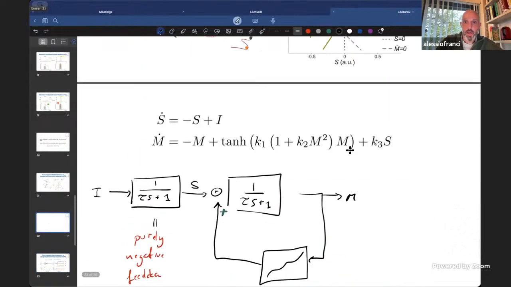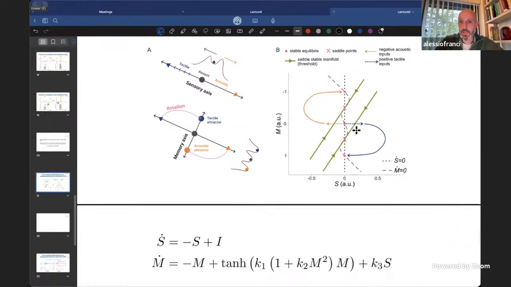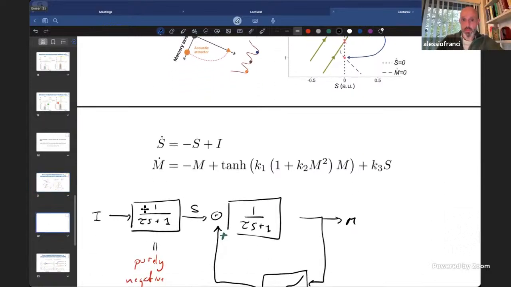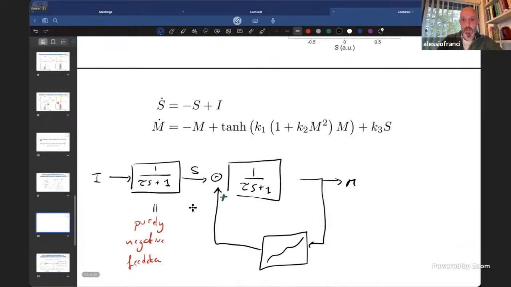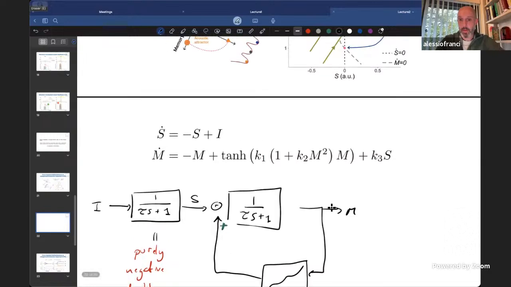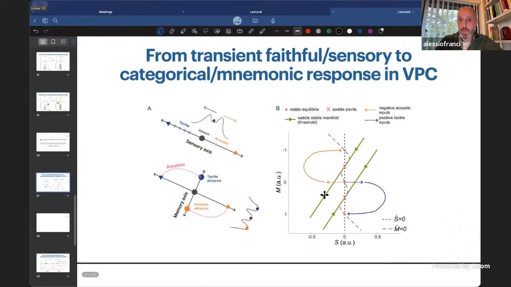And eventually we understood that this kind of seemingly strange or unnatural circular or rotating response probably is just the effect of cascading a purely negative feedback encoder for the sensory part and a mixed feedback encoder for the mnemonic part.